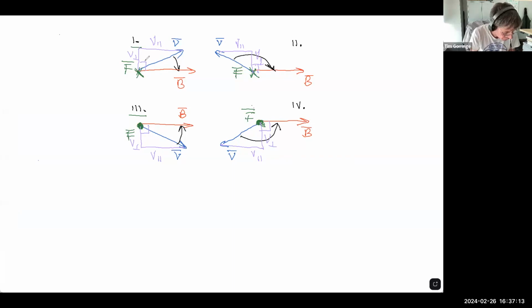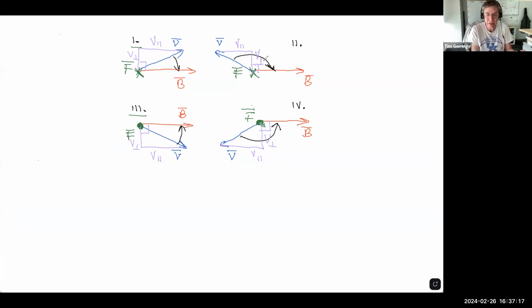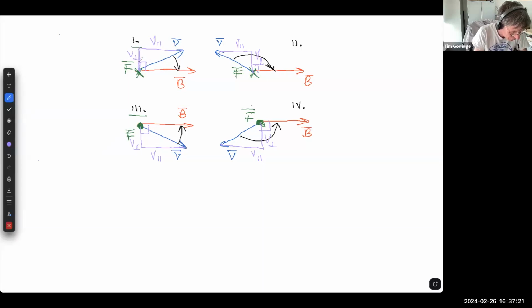So if you want to focus on the motion that's creating the magnetic force, then you really want to focus on these perpendicular components of the velocity to the magnetic field. So I'm going to highlight those.